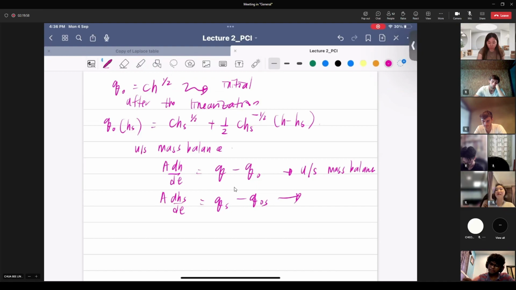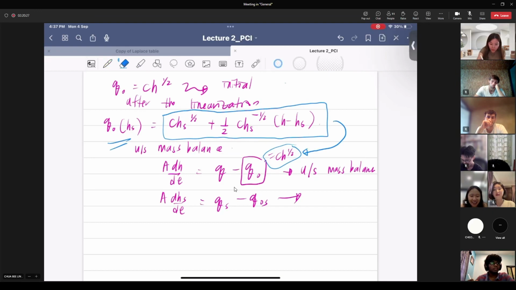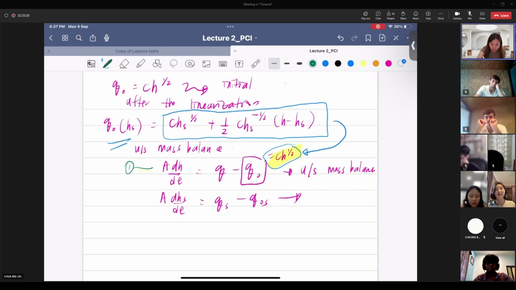So you'll be having this Q0, initially C h^(1/2). You will substitute this whole thing with this, because this is your Q0 initial. After linearization, it becomes this. So you will substitute this one to replace this one. Which means this is your equation 1, and this is equation 2.